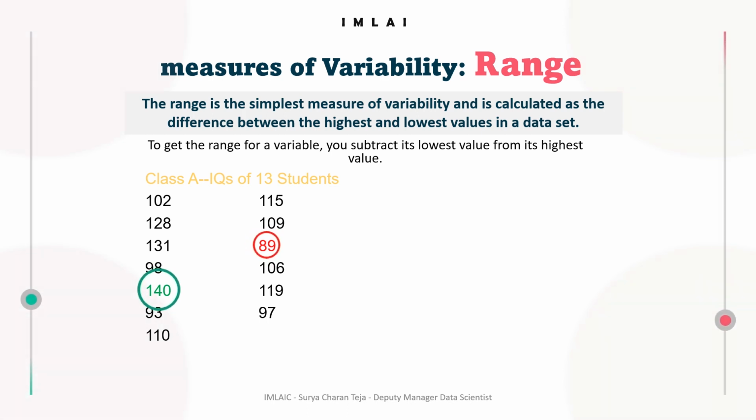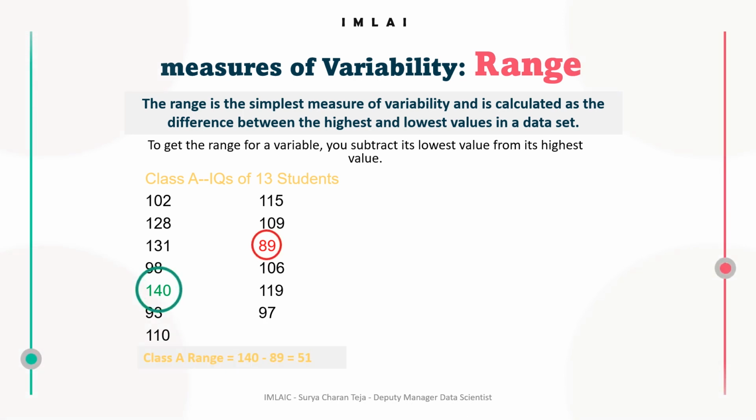Now, what is the range of this data set? To get the range, we subtract its lowest value from its highest value. So class A range is equal to maximum minus minimum, that's 140 minus 89, which is 51.